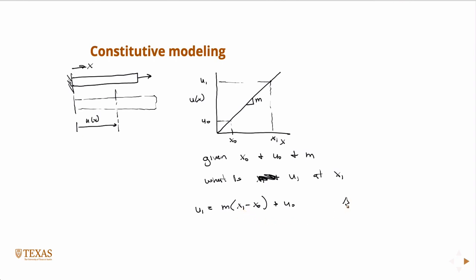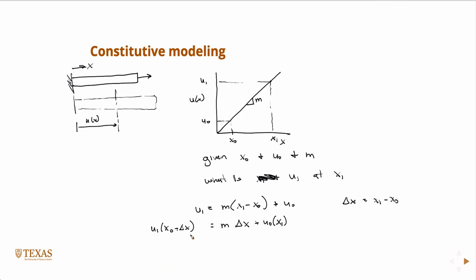And then let's just say that delta x is x1 minus x0. And so then I have m delta x plus u0. And u0 is a function of x, of course. Another way to write u1 would be u evaluated at x1, but x1 is x0 plus delta x, right?